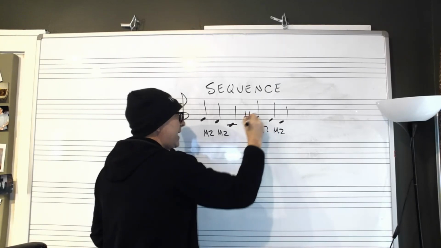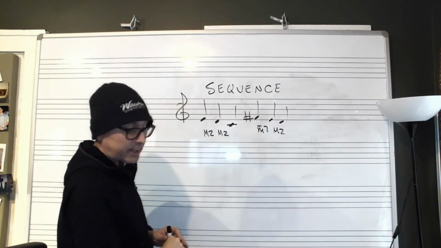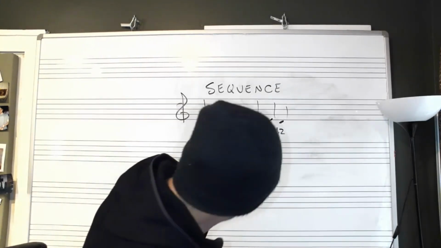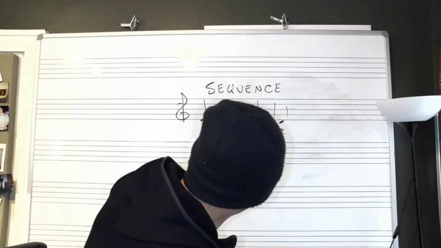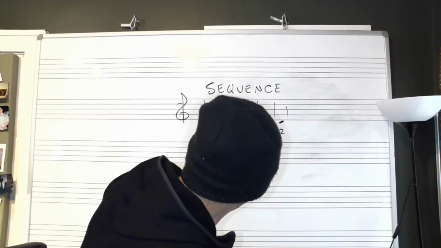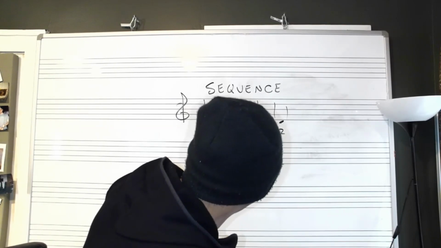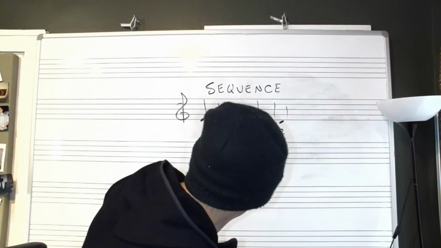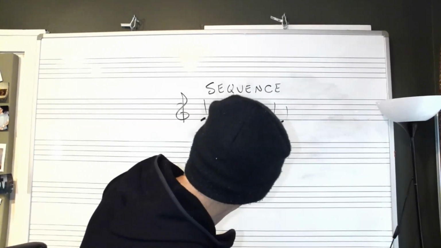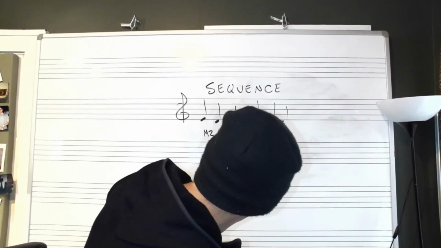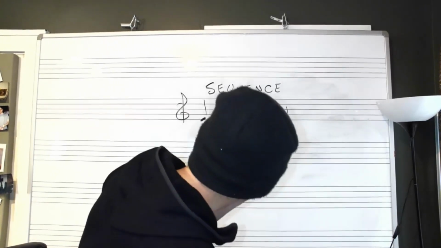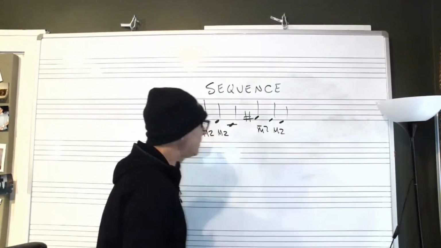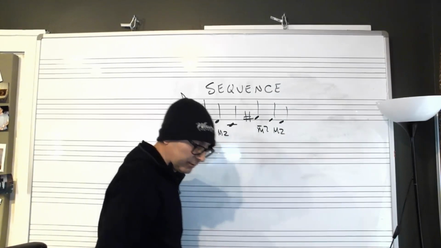I can sharp the F. Now it's a major second. Originally, mi, re, do, fa, mi, re. Now we have mi, re, do, fi, re, mi. Okay, now it's a real sequence.